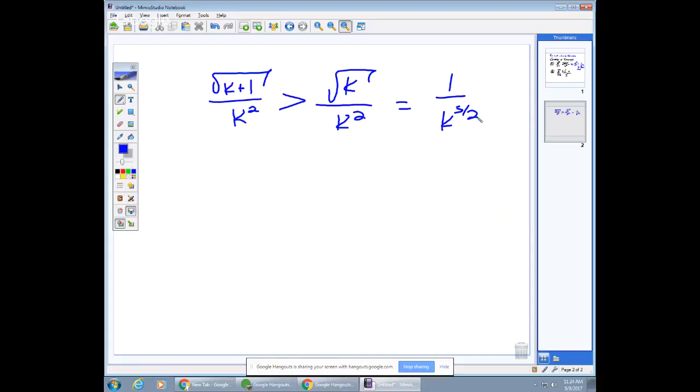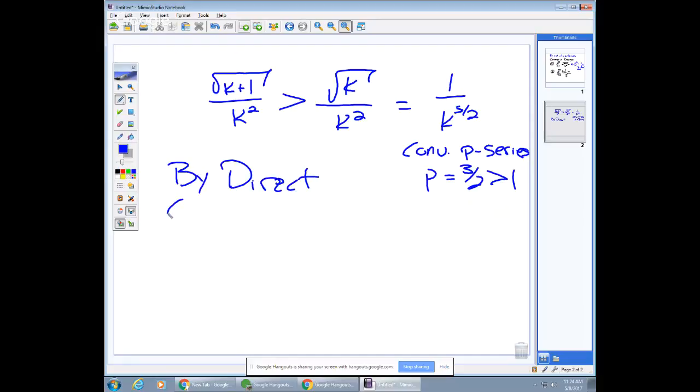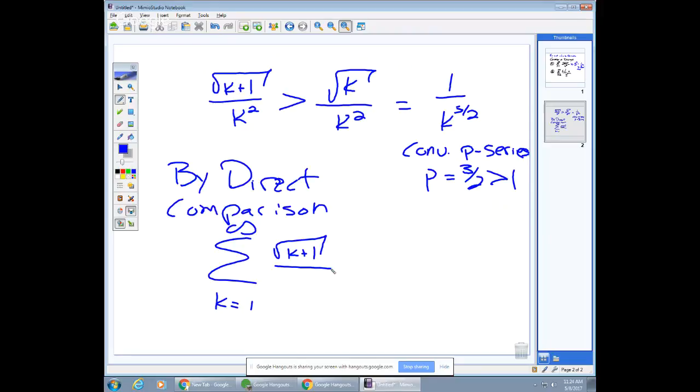So since this is a convergent p-series, p again equals 3/2, which is greater than 1, then by direct comparison, we're going to have that the sum as k goes from 1 to infinity of the square root of k plus 1 over k squared converges.